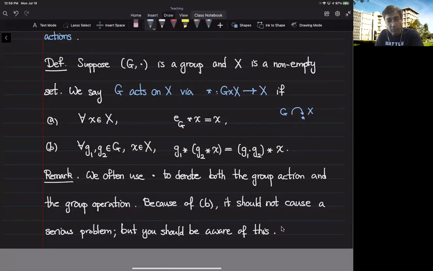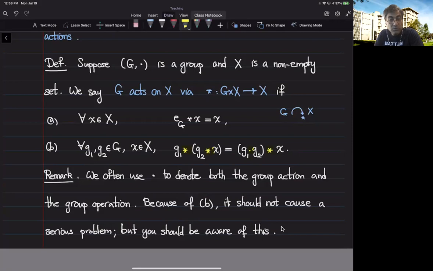Here I try to avoid it to make it more clear and to distinguish the action that we have here from the multiplication of the group. But as we can see here, because of this compatibility, even if I denote it by dot, it is okay. There is no confusion in the equations in a sense.